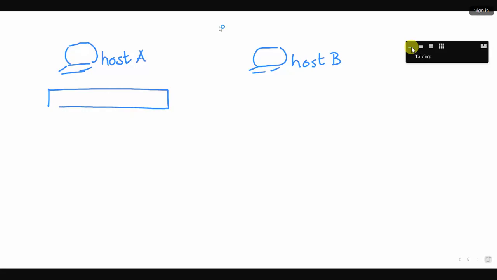Here is host A, and here is host B. This is the application layer, and there is this transport layer.